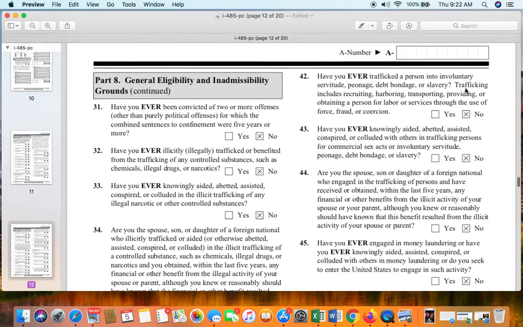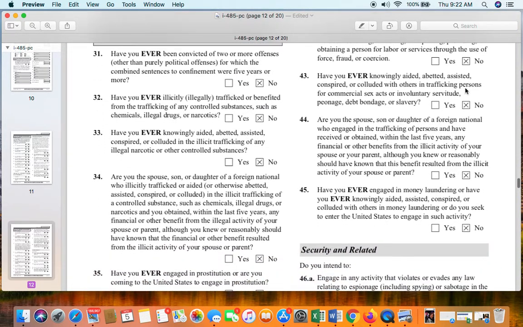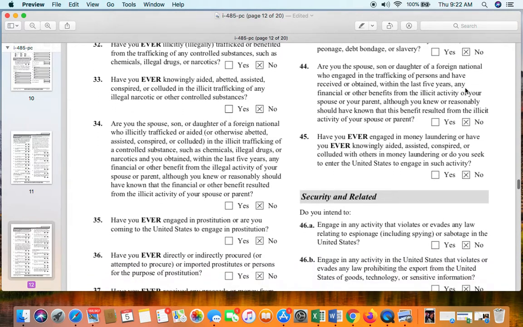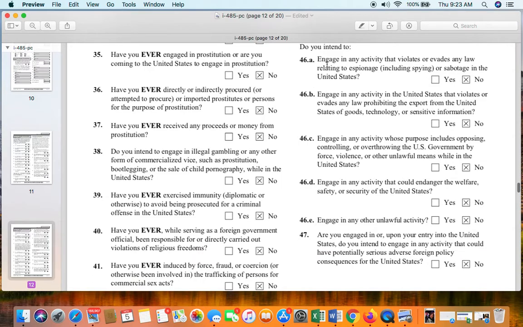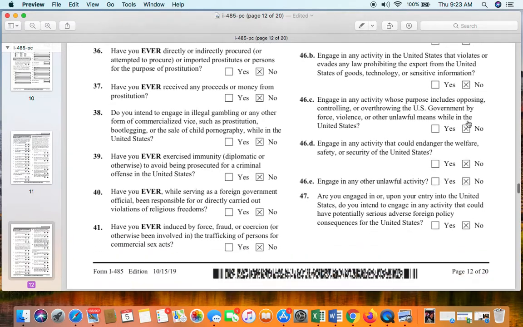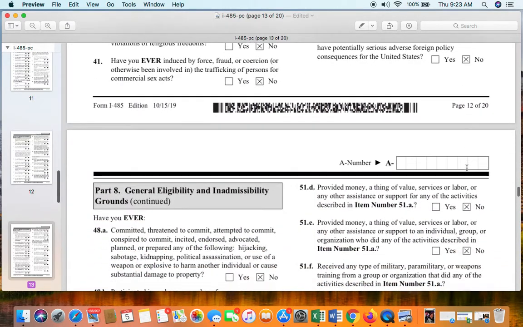If something is applicable to you, just put yes. If you think it's not applicable to you, put no. Security related, like engaging in any activity that violates or evades the law, put no. Always read the questionnaire, okay?